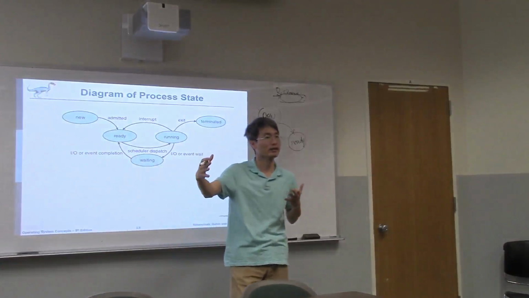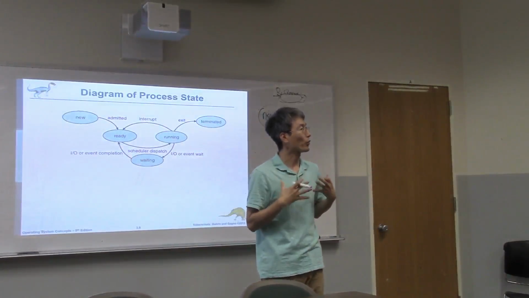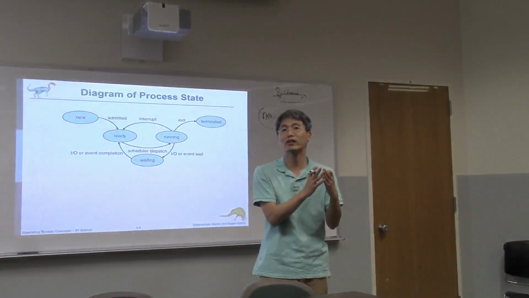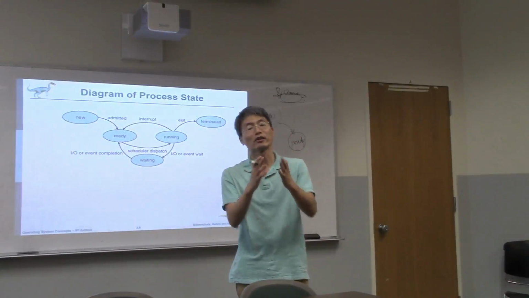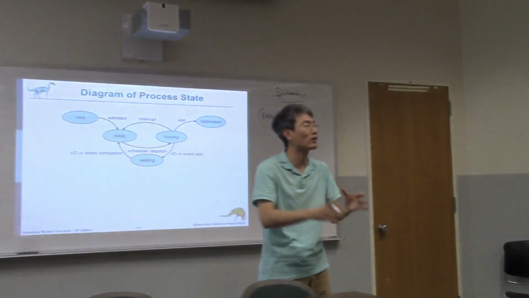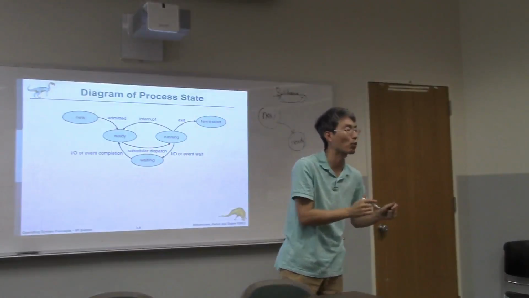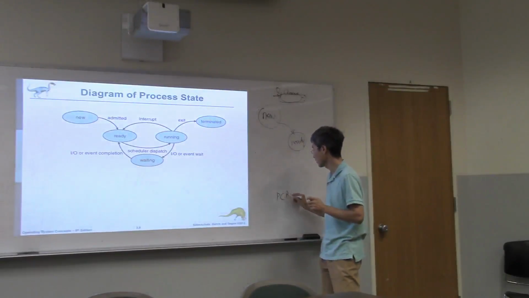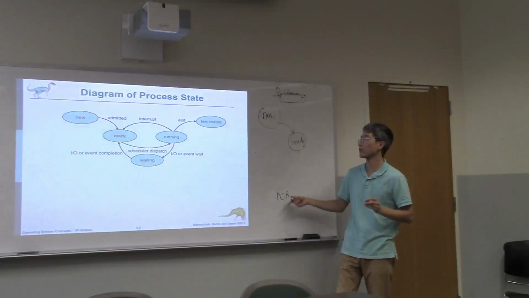We will see later how we can manage them. The answer is that there's another data structure that manages any information about the process, which is called the process control block, PCB. Okay, we will see later.